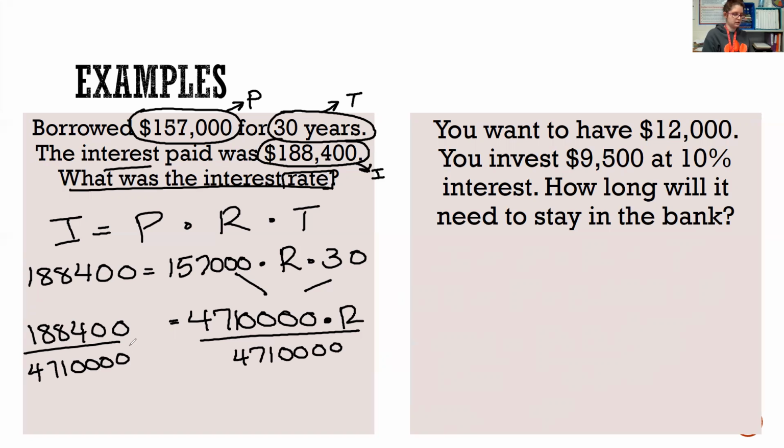188,400 divided by the answer. So R equals 0.004. We're going to multiply that by 100 to get our percent. Oh, see, I told y'all to be careful with your zeros, and I was like, my answer doesn't look right because I left out a 0.